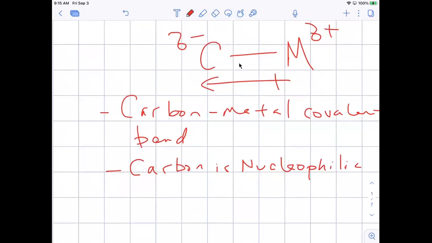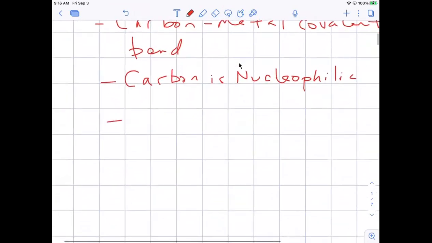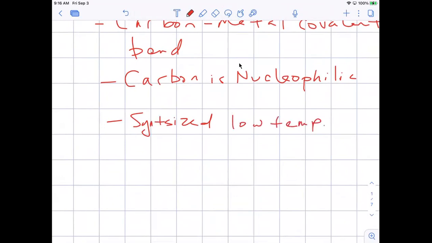And there are different types of organometallics. Most of the time when you make them, they're synthesized at low temperatures, and they're also synthesized in aprotic solvents, because if they are nucleophilic, then they can also be basic.